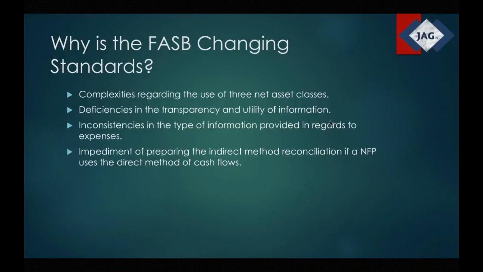The fourth is the impediment of preparing the indirect method reconciliation if a not-for-profit uses the direct method of cash flows. This, to me, is the one that I think affects the least amount of our nonprofits.